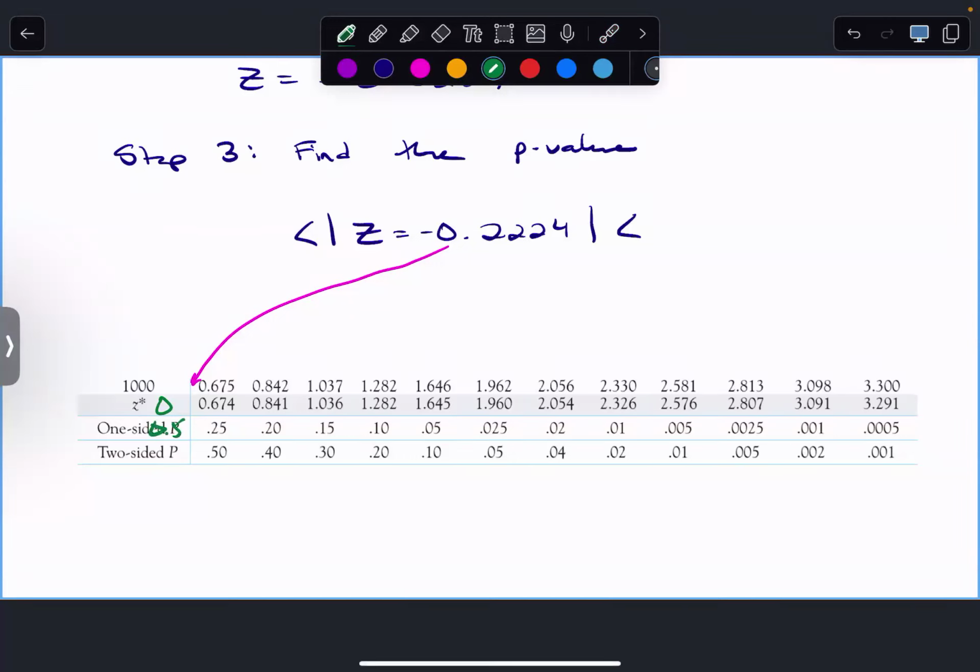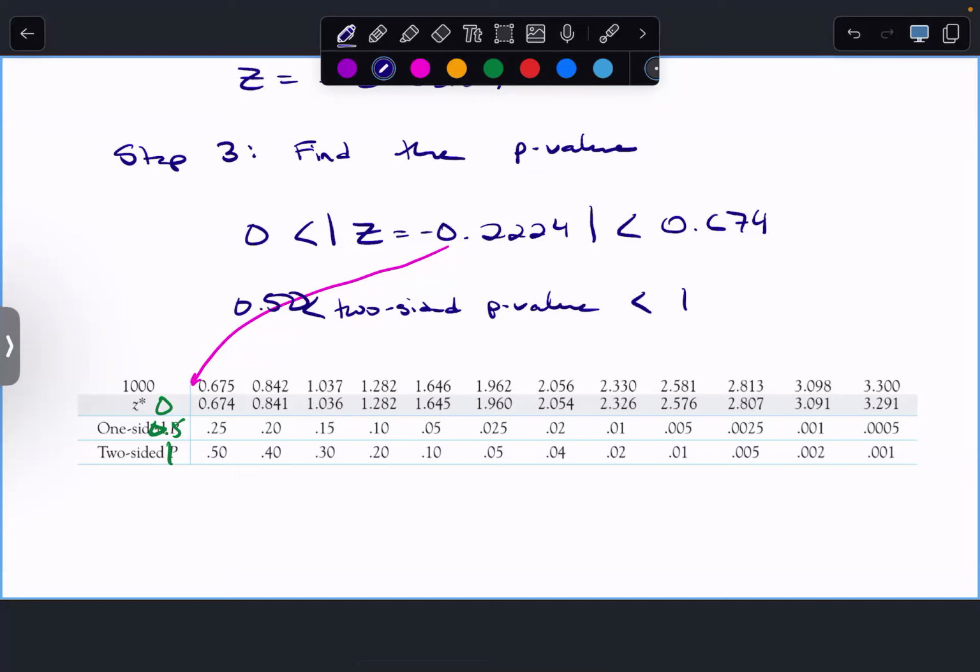The area in both of the tails at 0 is 1. So it doesn't matter. You can have values between these two. So it's somewhere between 0 and 0.674. And that means that we wanted the two-sided p-value, which is going to be somewhere between 0.50 and 1.